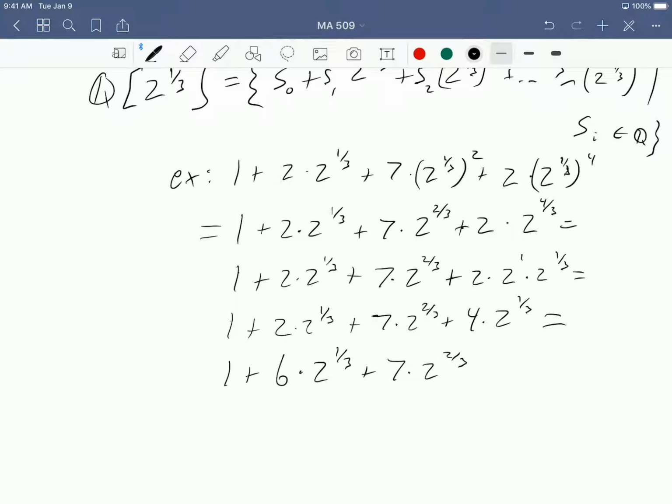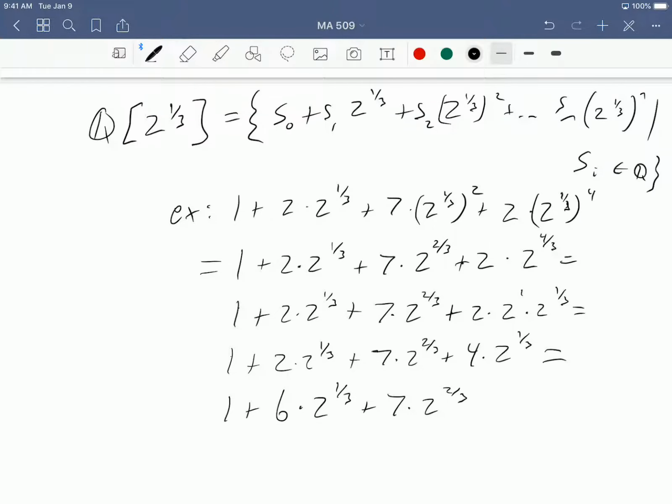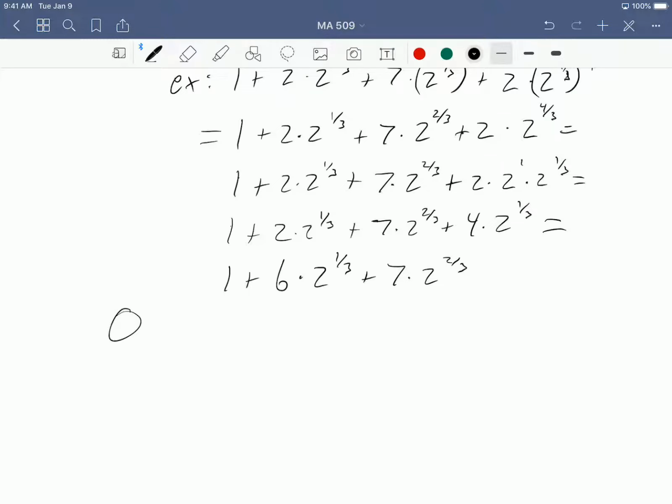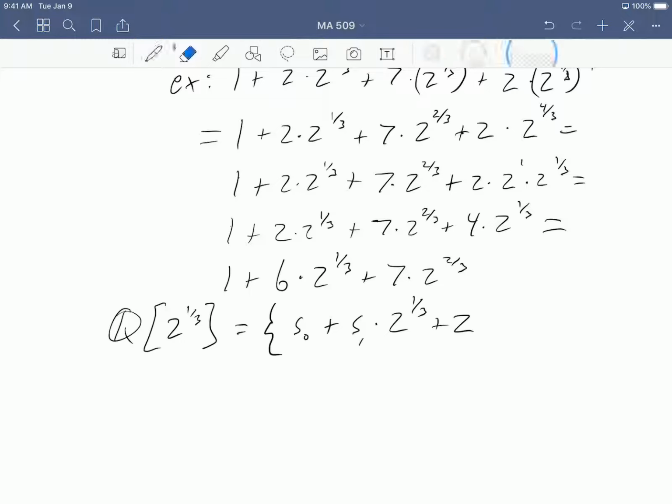So again, if you think through any longer expression like this, what it comes down to is that for this particular set, Q adjoin 2 to the 1/3, you can reduce any expression in here to an s_0, plus s_1 times 2 to the 1/3, plus s_2 times 2 to the 2/3.